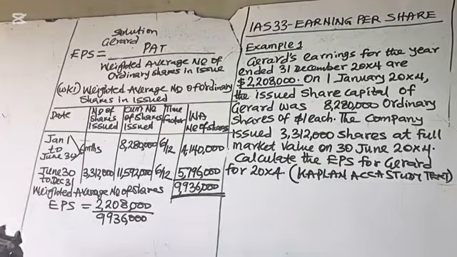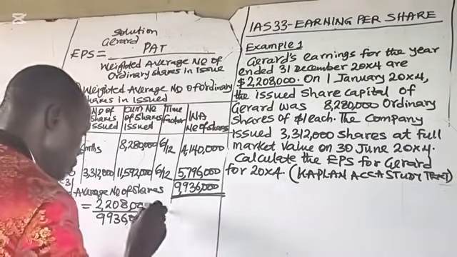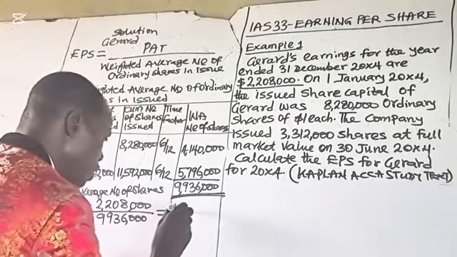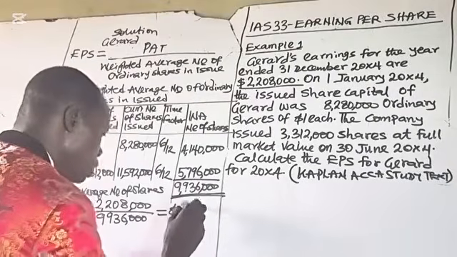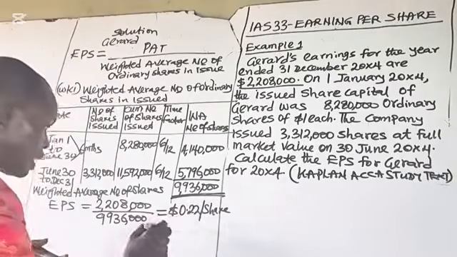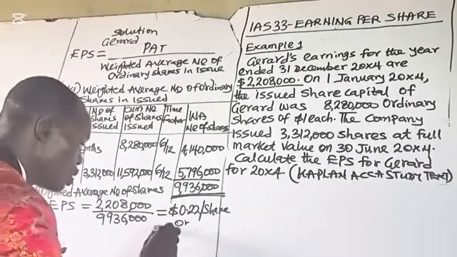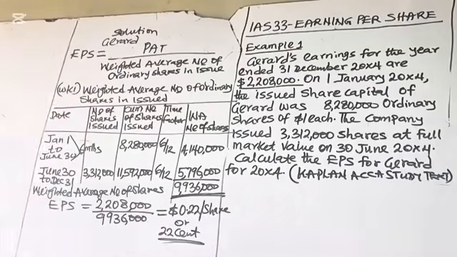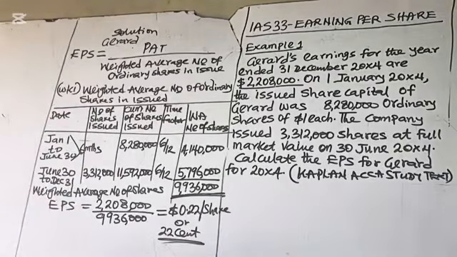So 2,208,000 divided by 9,936,000. So we get $0.22 per share. Or if you like, you can put 22 cents. So this is the solution to example 1.